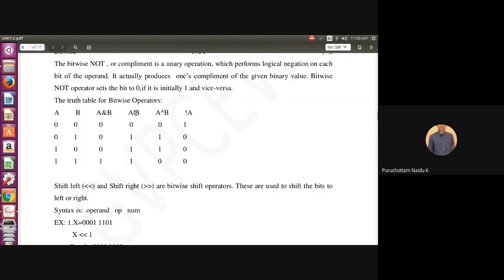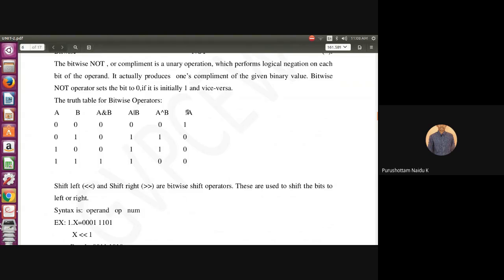So this is bitwise OR. The output of bitwise OR is 1 if any input is 1, either 0 1, or 1 0, or 1 1. Otherwise it is zero. This is bitwise XOR. The output of bitwise XOR is 1 only if the inputs are 0 1 or 1 0, otherwise 0.